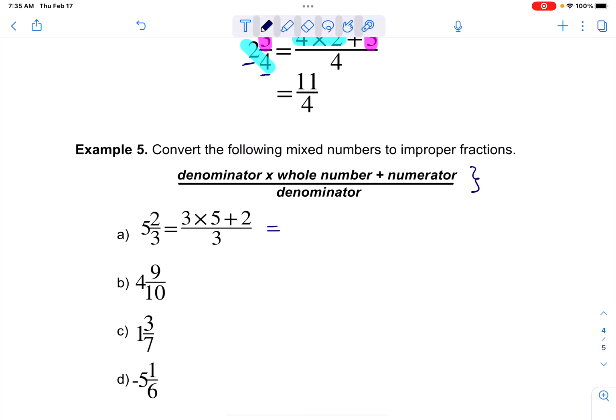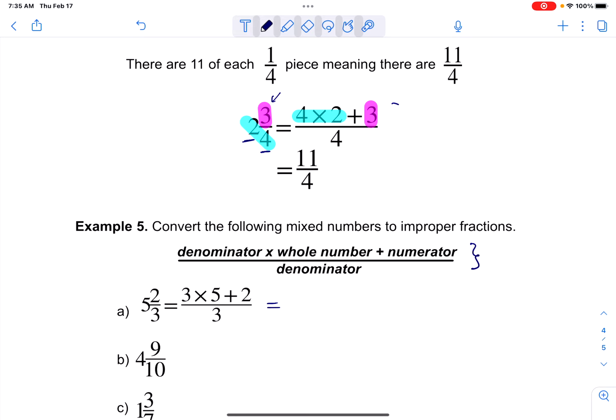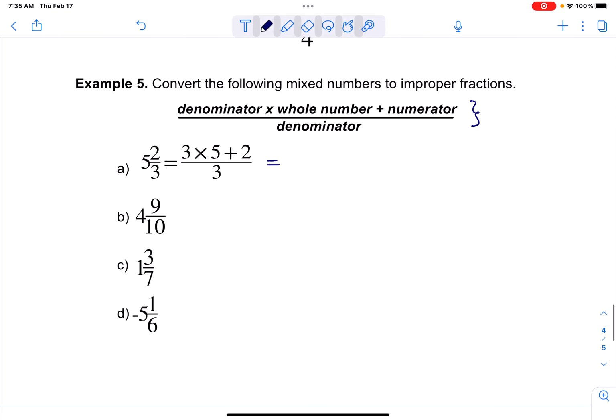I didn't leave a whole lot of room down here. For proper math form, you should have one equal sign underneath the other, but for these examples, unfortunately, I didn't leave enough room. So 3 times 5 is 15, plus 2 is 17. So we have 17 thirds.